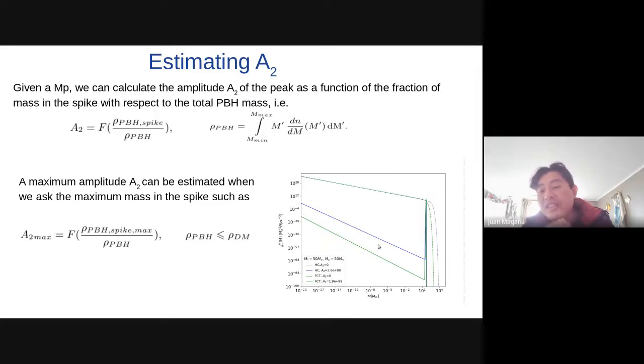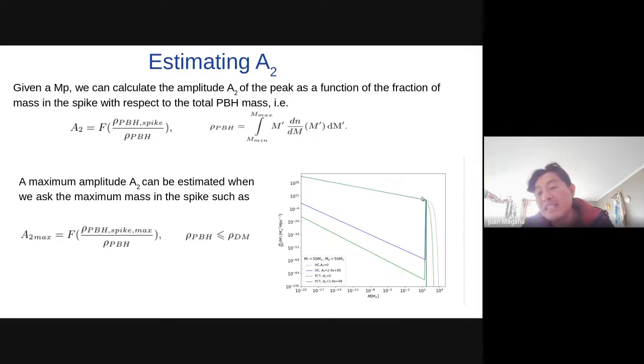You can observe here that with a more physical value for the amplitude A2, I can obtain a very, very narrow peak. This is a monochromatic mass function.